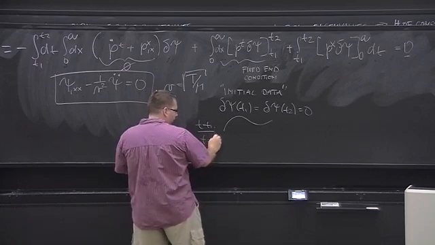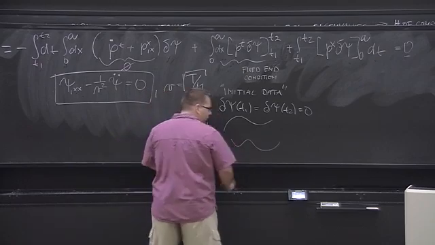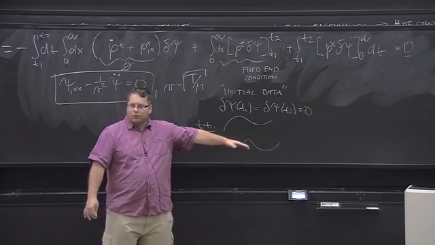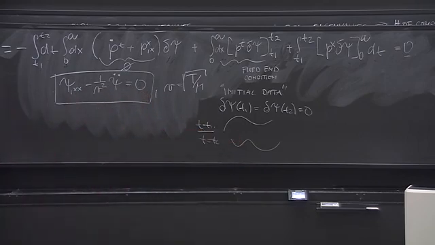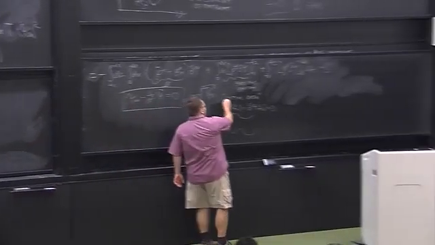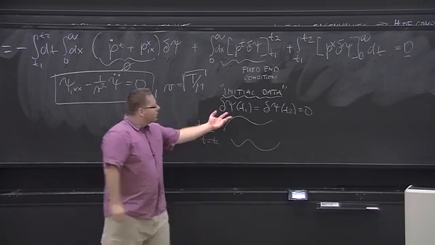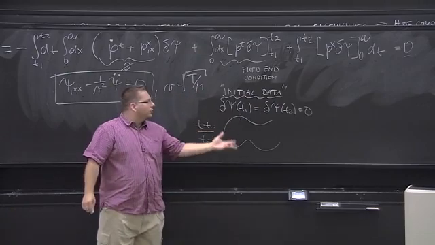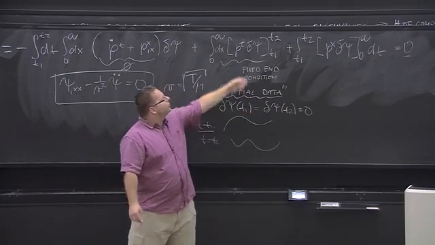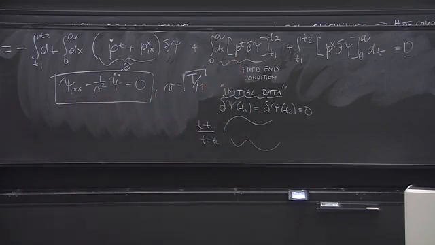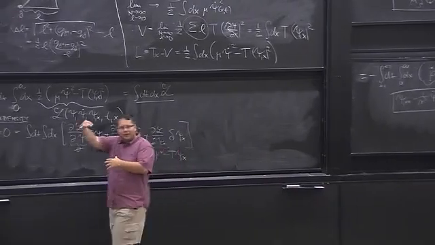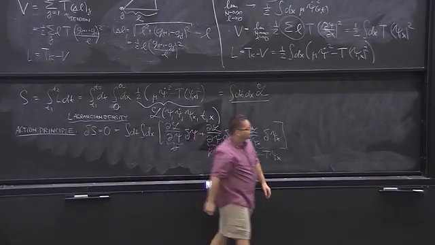And then I specify how it looks at T2. And this is my final configuration, and I'm trying to find how the string looks in between. So this is just the initial data. And so it's reasonable to set delta ψ at t1 equal to 0 and delta ψ at t2 equal to 0, which of course causes this term to vanish. I'm just fixing how the string looks at t1 and how it looks at t2.